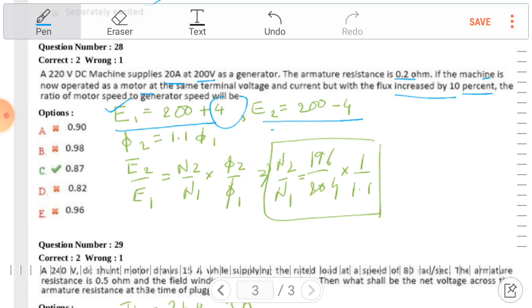So phi2 is equal to 1.1 into phi1. The ratio of motor speed to generator speed will be, what will be the ratio of N2 by N1 he is asking. So from the EMF relation we have E2 by E1 equal to N2 by N1 into phi2 by phi1. By putting the values we can find the N2 by N1 ratio is 0.87.